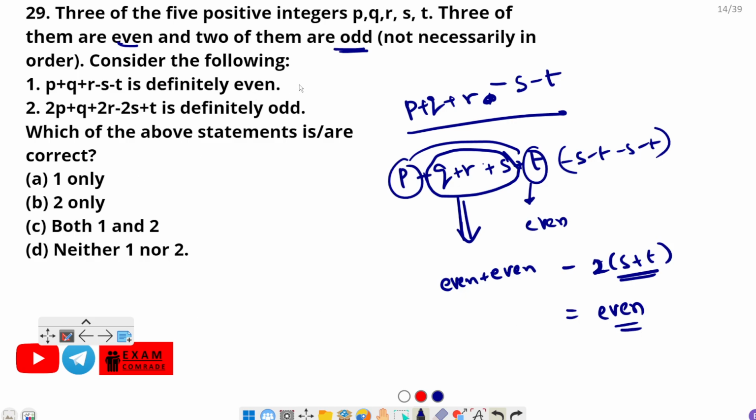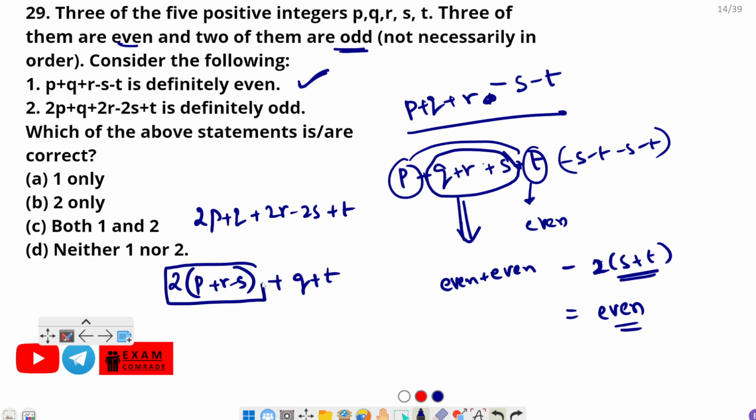Okay, let's check for the second statement. Here it is given that 2P plus Q plus 2R minus 2S plus T. So let's take the terms which have 2 in common. P plus R minus S plus Q plus T. This term will be always even.